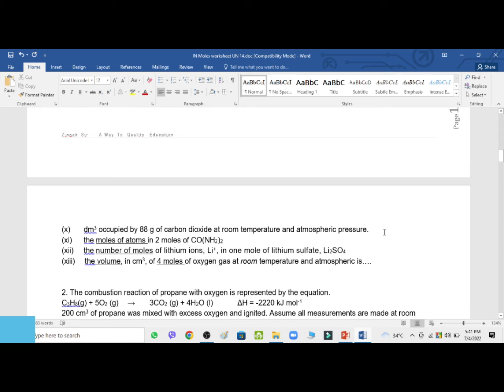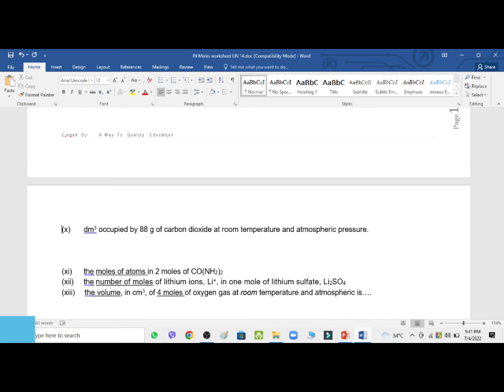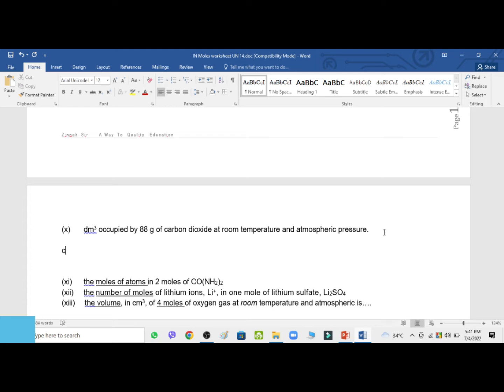Next one, the volume in dm cube occupied by 88 gram carbon dioxide. You may estimate the volume from moles. No moles are given, 88 gram carbon dioxide is given here.